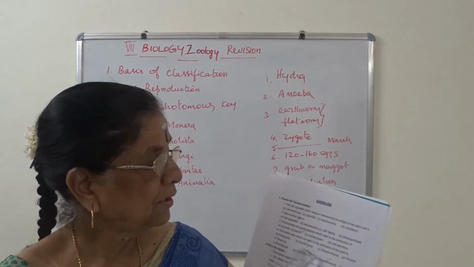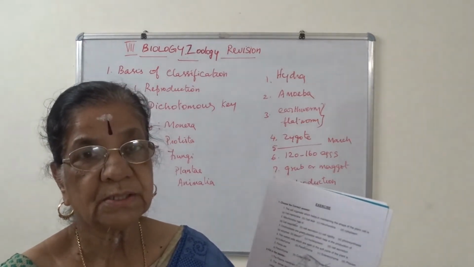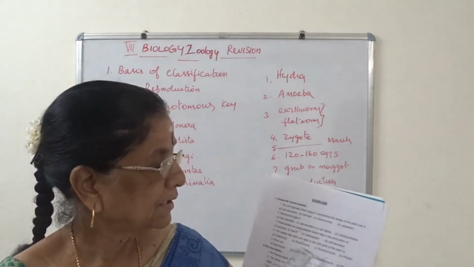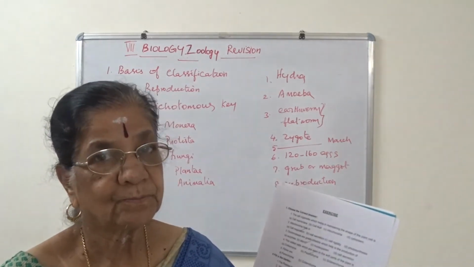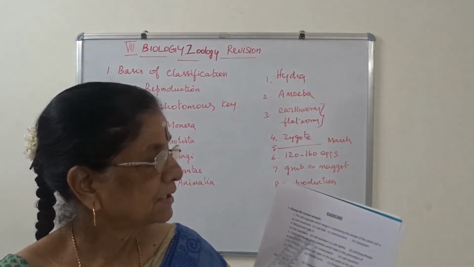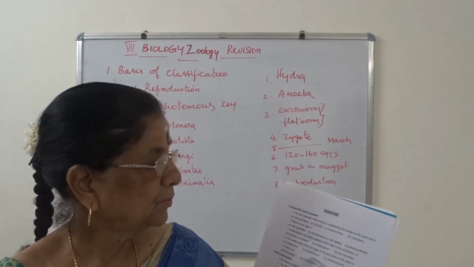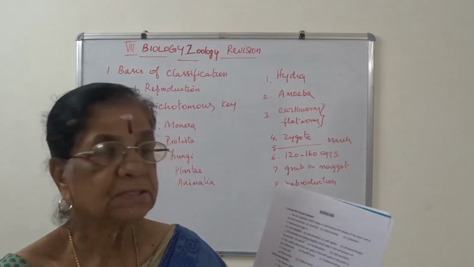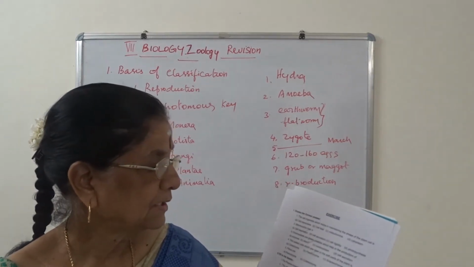Then thin-walled parenchyma, tissues, what you are going to learn, what you have learnt. Parenchyma. Then fibers are sclerenchyma. So I repeat, first one cell wall, second respiration, third starch, fourth parenchyma, fifth sclerenchyma. Right?